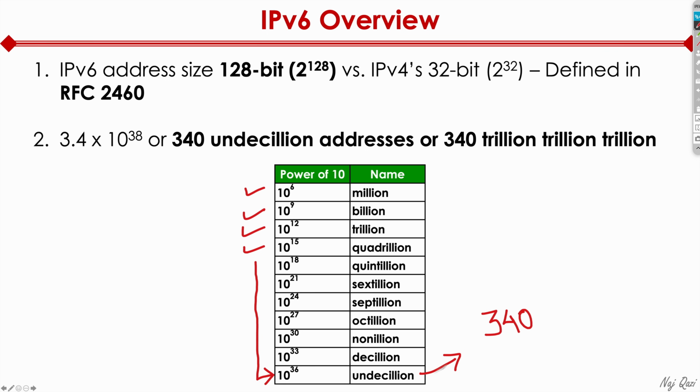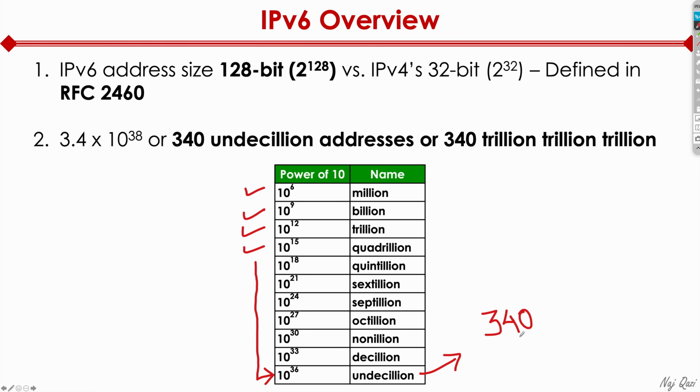I mean, this is absolute craziness. So the bottom line is, unless our scientists start assigning an IP address to every single human cell in our body, we shouldn't actually run out of IPv6 addresses for the foreseeable future, or at least for the next couple of generations.